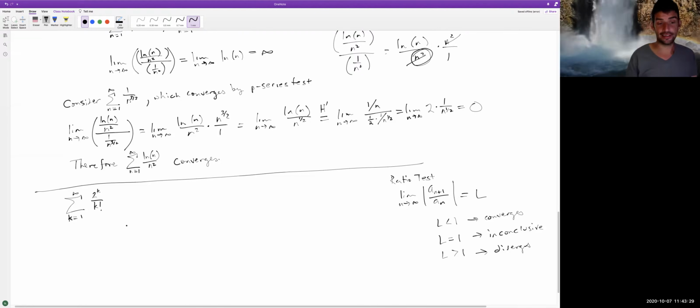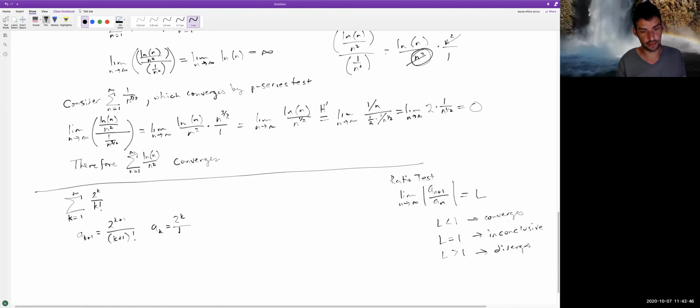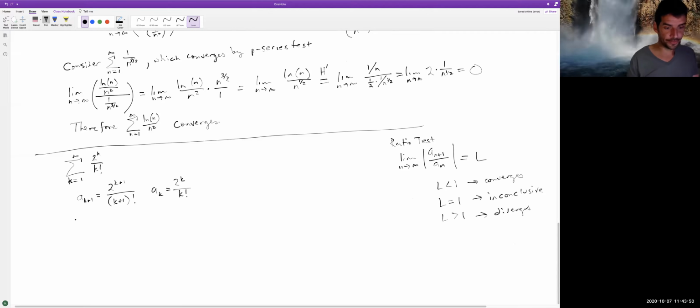So let's set this up in this case. I'm going to write down the k+1 term. That would be 2 to the k+1 over k+1 factorial. The kth term, of course, is just as written. Then let's look at the quotient of these two. I'm doing this a little piece at a time instead of trying to do all this algebra at once.